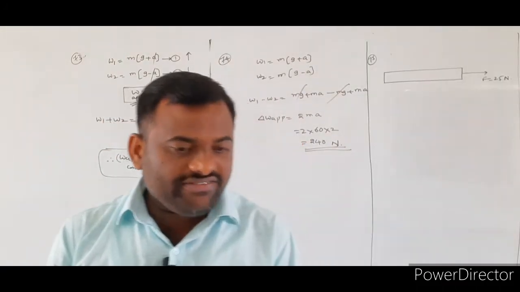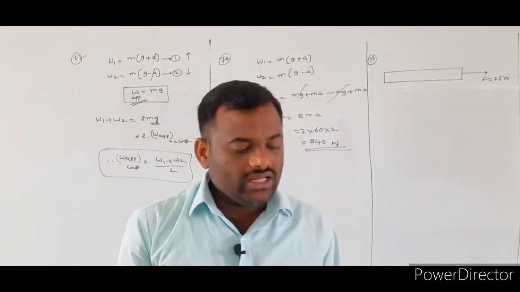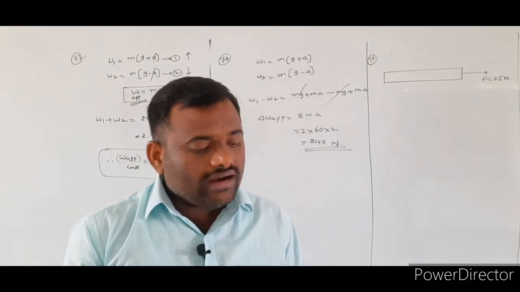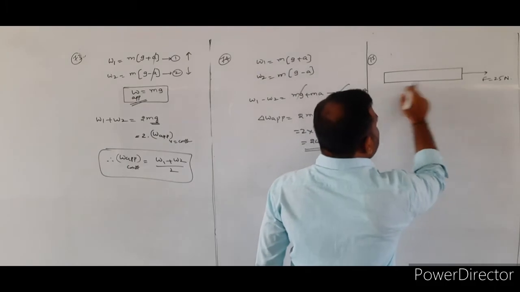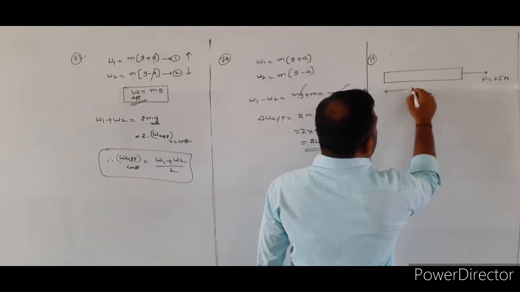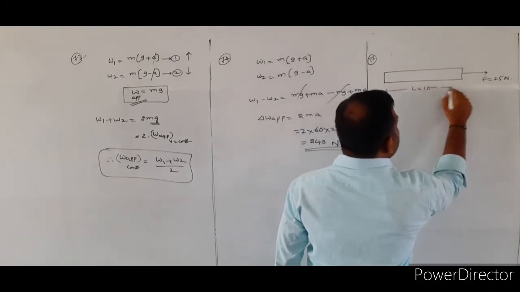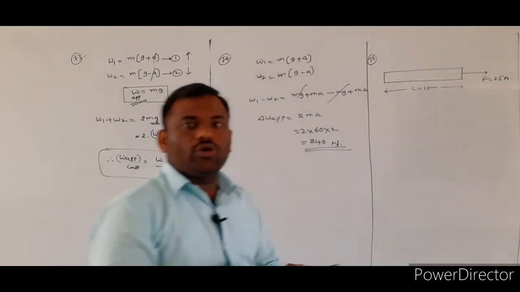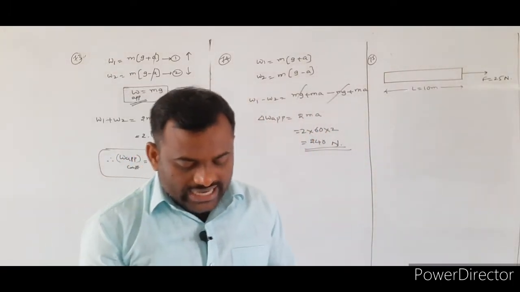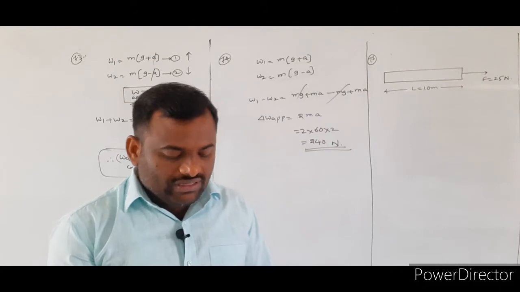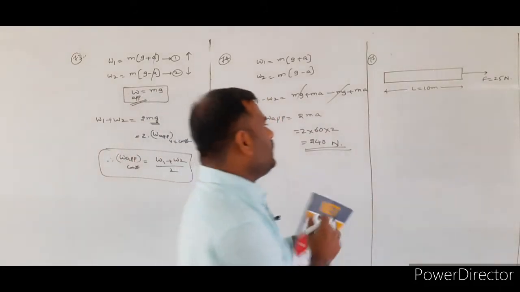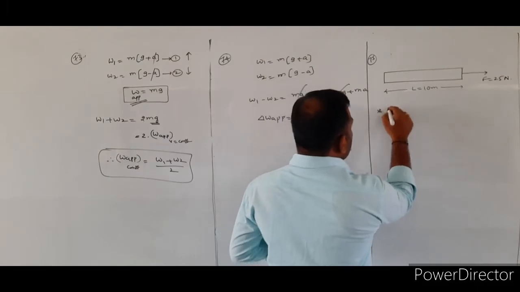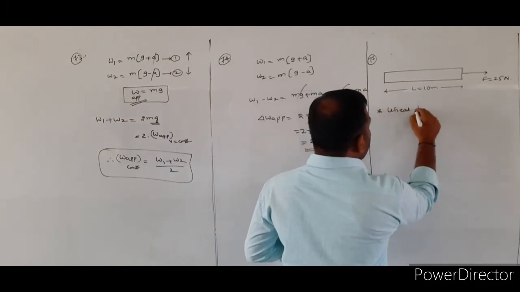Problem number 75. They gave a rope of length 10 meter. We assume the total length of the rope is equal to 10 meters, and its linear density is given as 0.5 kg per meter. How can we define linear density?